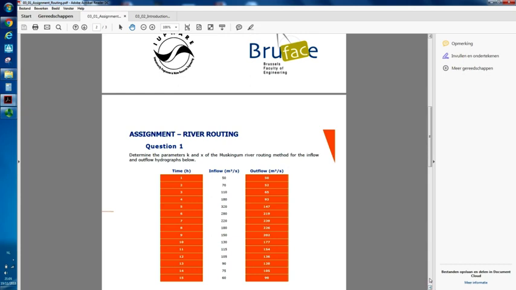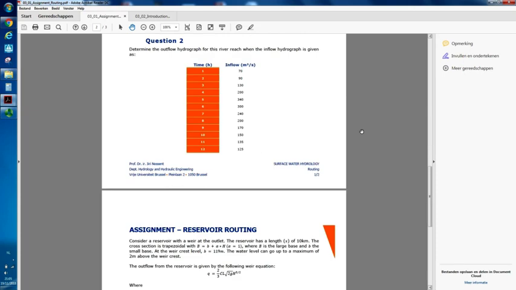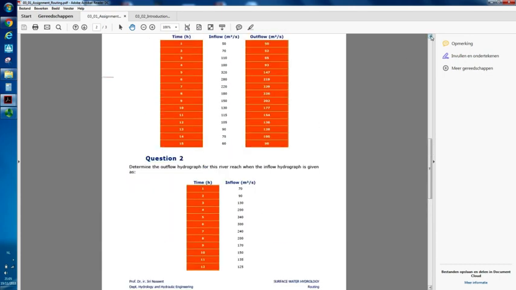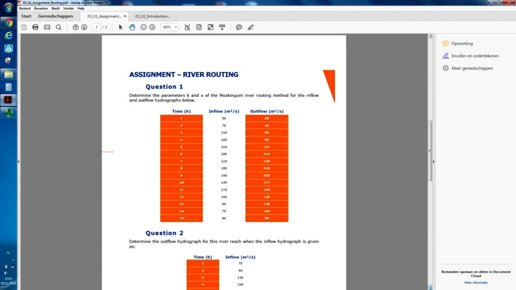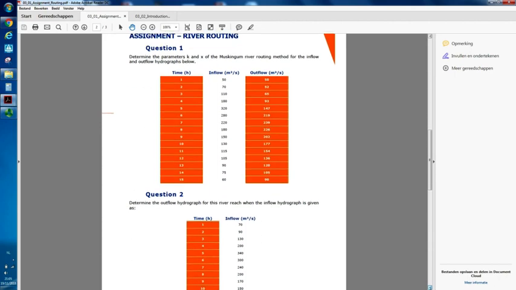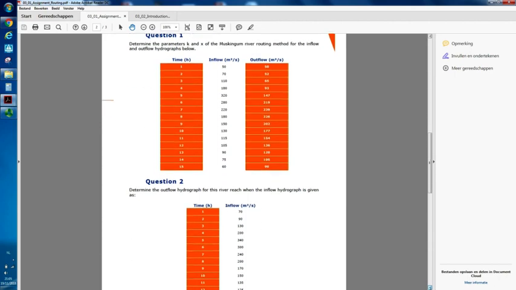And when we have this K and X value, it is asked to determine the outflow hydrograph of the same river reach if another inflow hydrograph is given. So based on the K and the X values that are determined from our first question, we will determine the outflow for this new inflow in the second question.